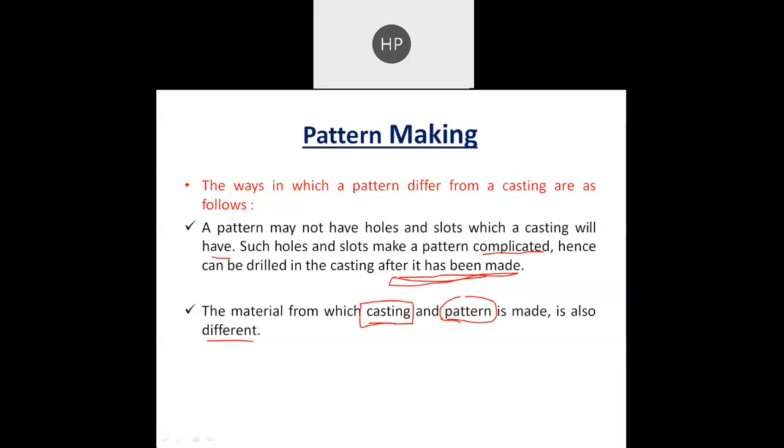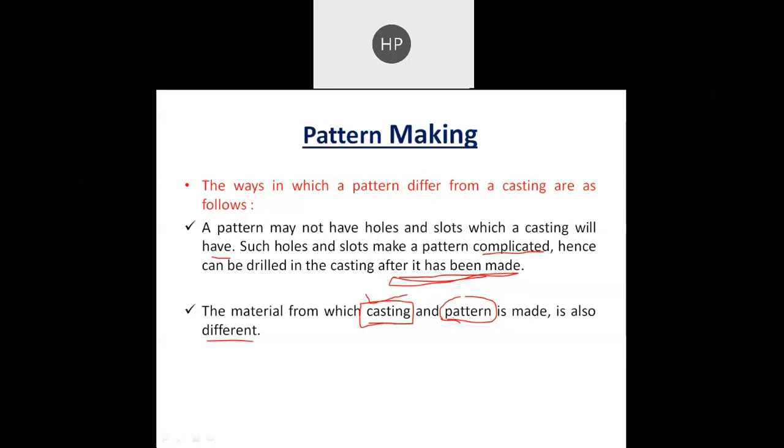Suppose we want to make the product from aluminum, then we will pour molten aluminum, but the pattern is made of wood, wax, or plastic. So that's why the material for casting and pattern is always different.